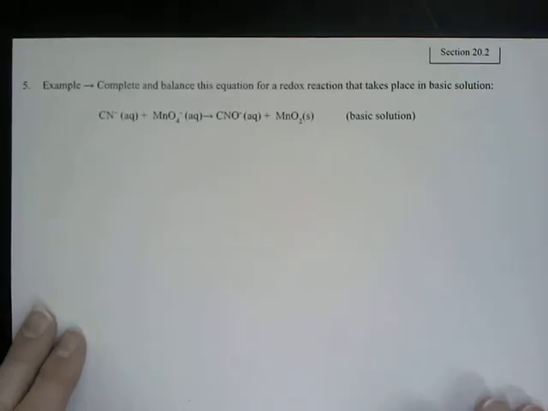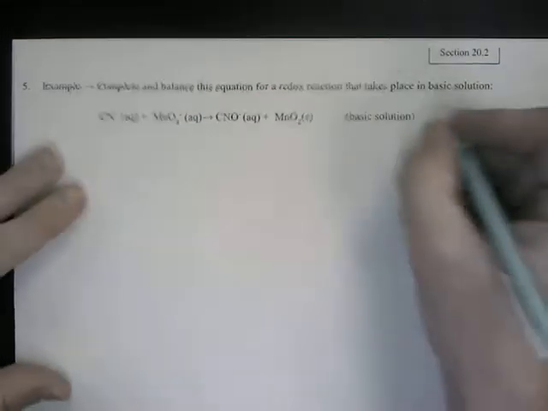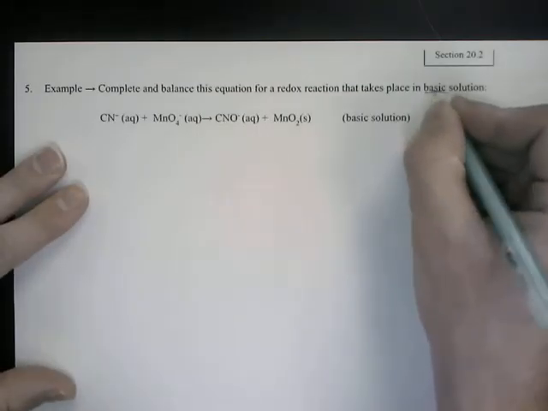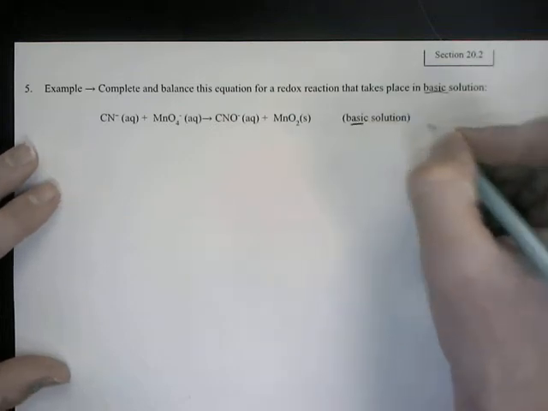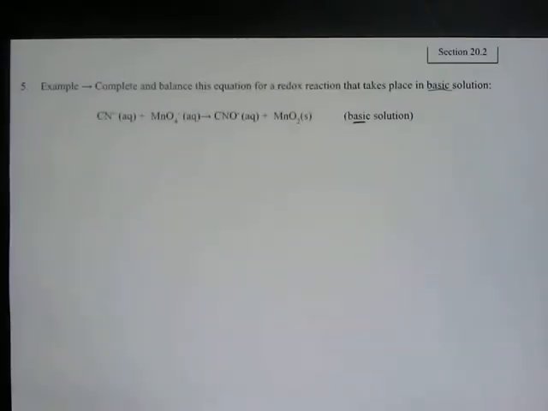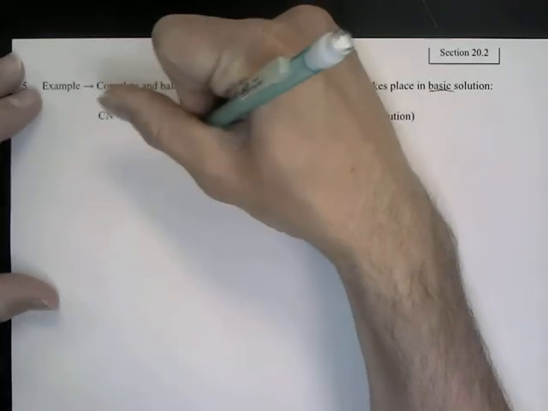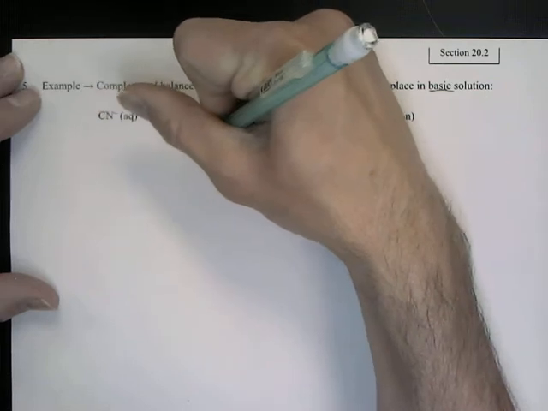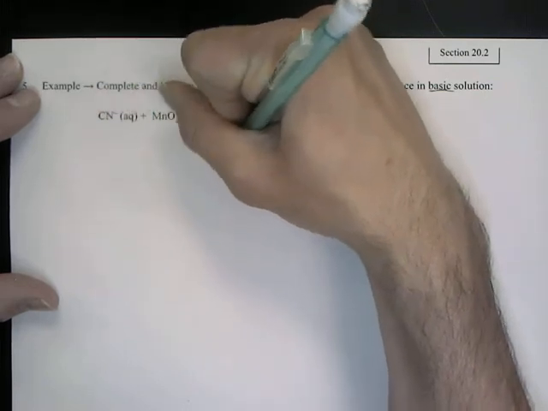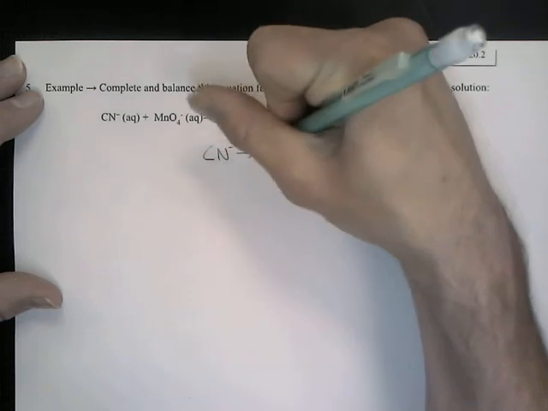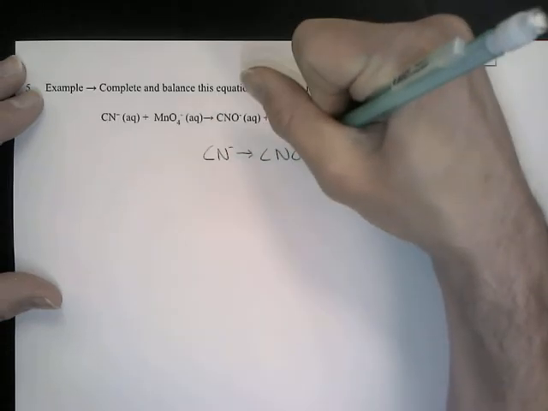Okay, so it says balance this equation that takes place in a basic solution. And again, the problem should tell you if it's a basic or acidic solution. So what we do here is, again, we split apart the oxidation and reduction half reaction. And so I'm going to start up here with our CN- going to CNO-.